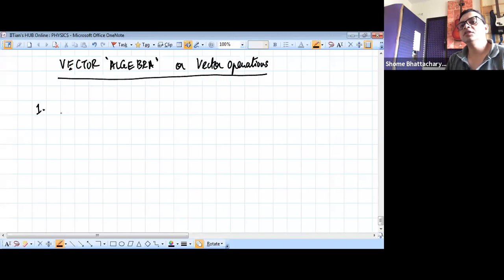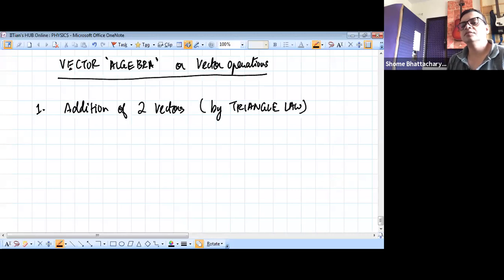The first we'll see is the addition of two vectors. Then we'll see more number of vectors. And this method is called the triangle law of vector addition. This is one of the first and fundamental things in vector algebra.